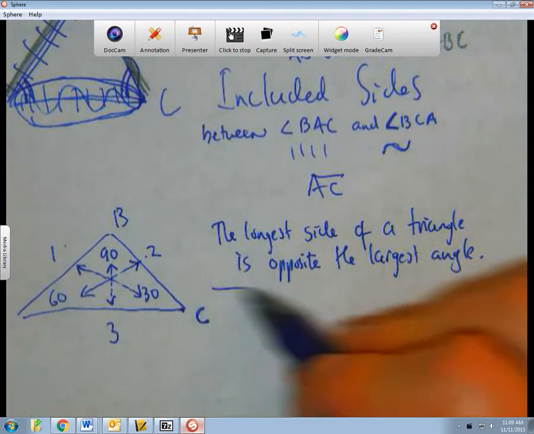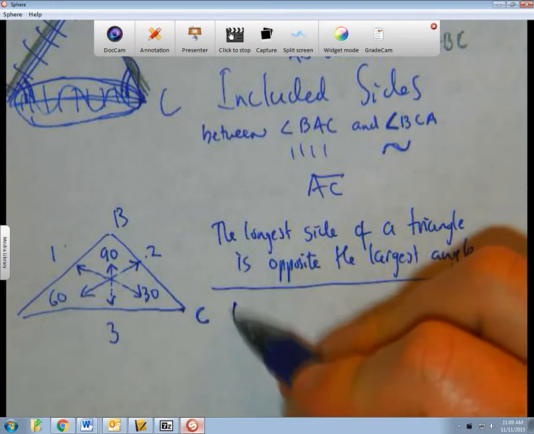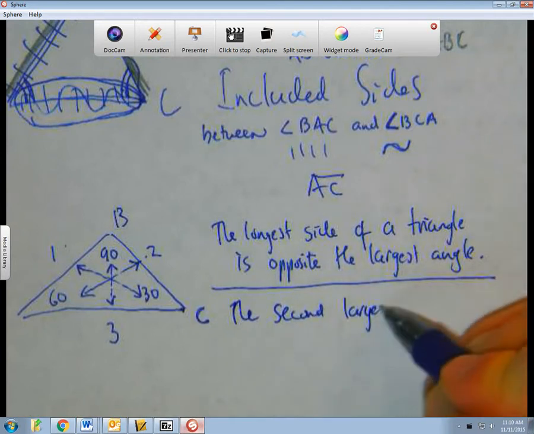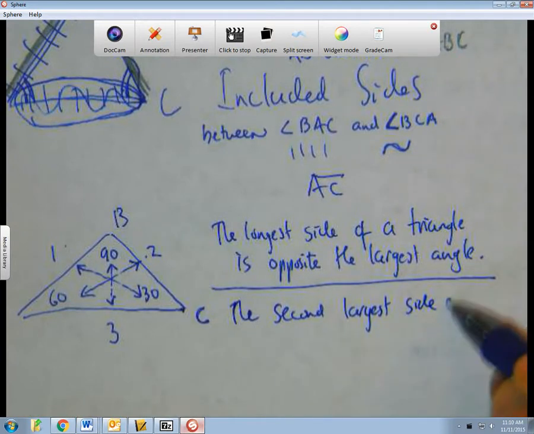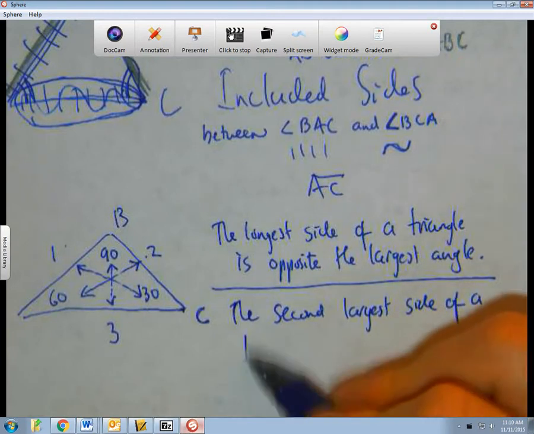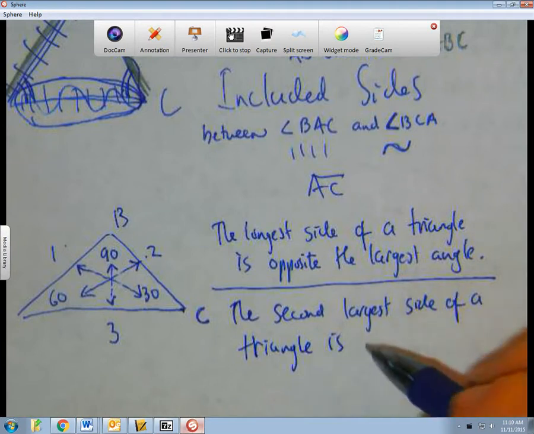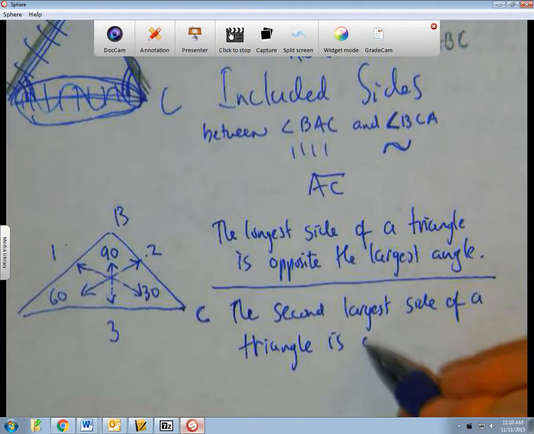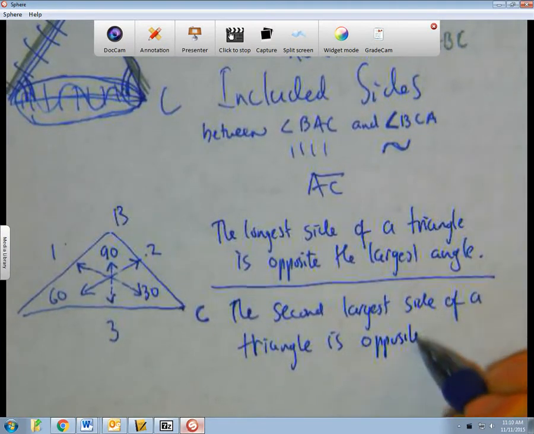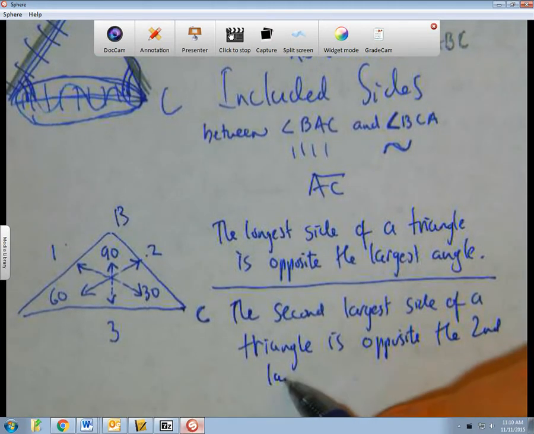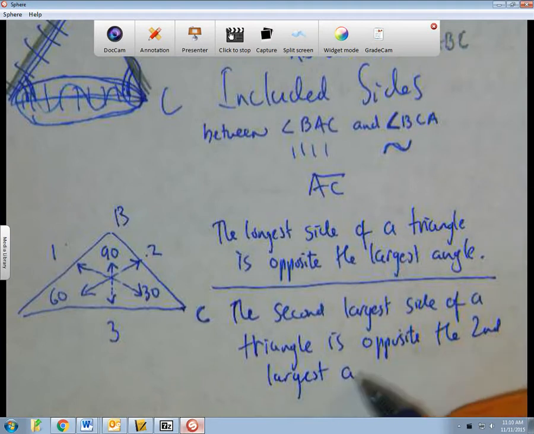And it goes for the second largest side of a triangle is opposite the second largest angle.